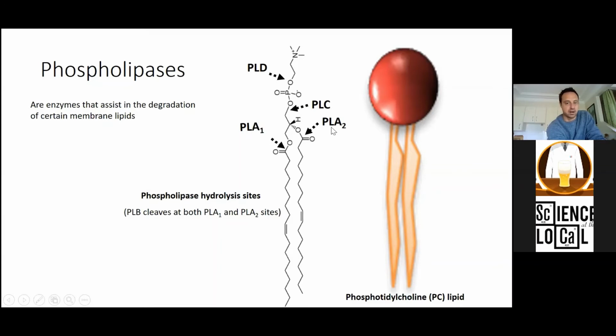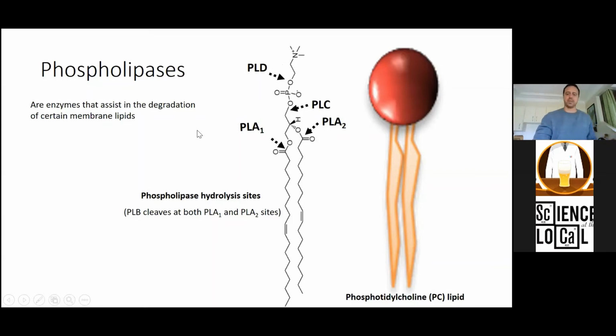Phospholipase A1, a close cousin to phospholipase A2, attacks the lipid on this particular chain, which is just slightly offset. Phospholipase C will cleave just below this phosphate group in this phospholipid. And phospholipase D will cleave off this choline molecule at the top of this phospholipid, for example.